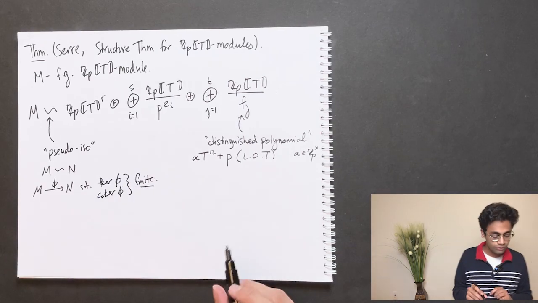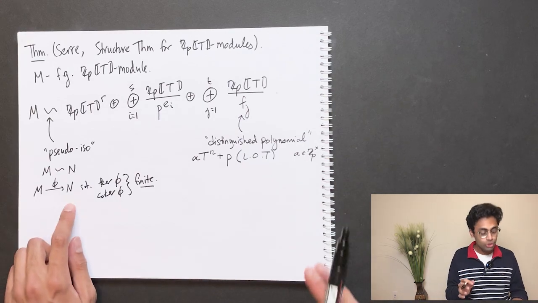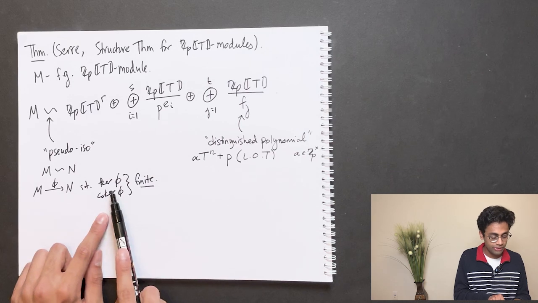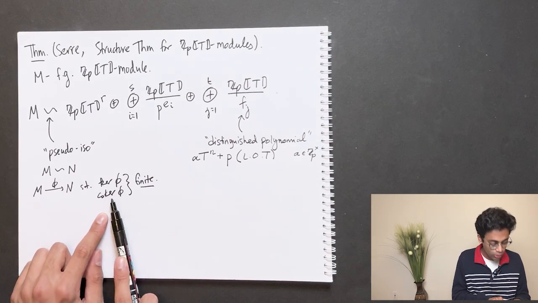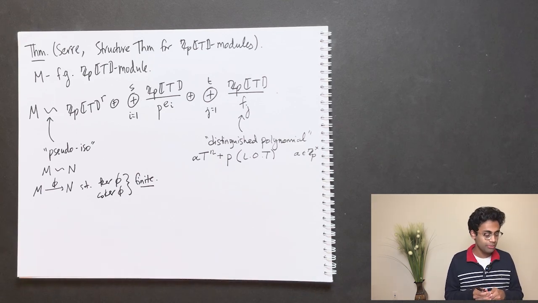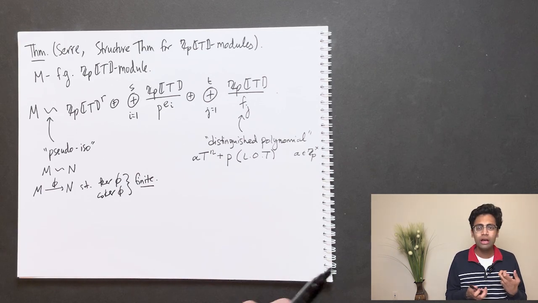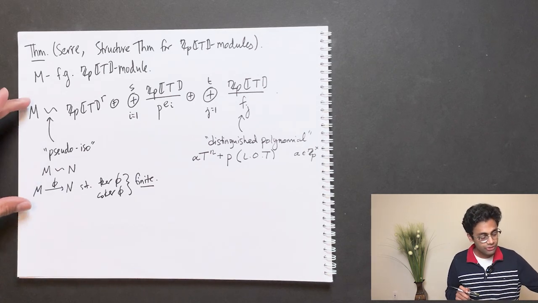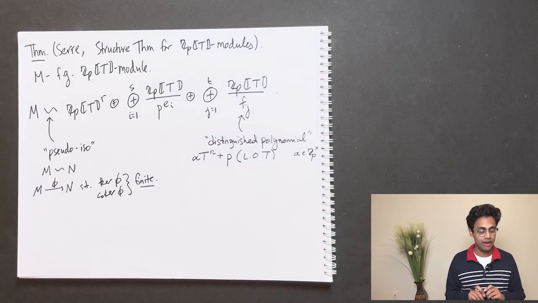Of course, if M and N are literally isomorphic, then they're also pseudo-isomorphic because the kernel and cokernel are 0, so they're finite. But this is a slightly weaker notion. It means that M and N are equal up to a finite amount of discrepancy. Okay, so this is the full statement of the theorem.